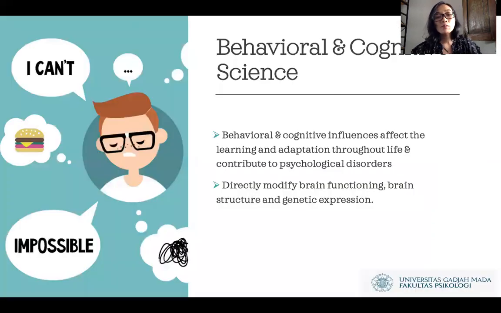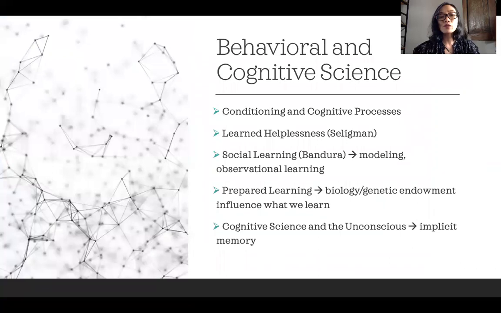All right, so moving to behavioral and cognitive science. It affects learning and adaptation throughout our life and contributes to psychological disorders as well. It's also correlated with brain functioning, brain structure, and genetic expression. Enormous progress has been made in understanding behavioral and cognitive influences in psychopathology.